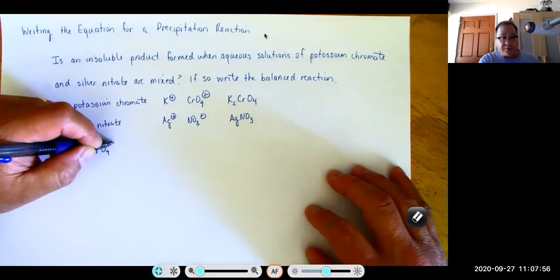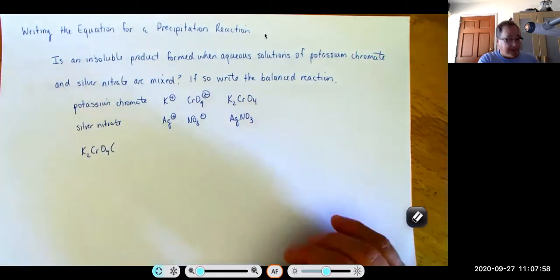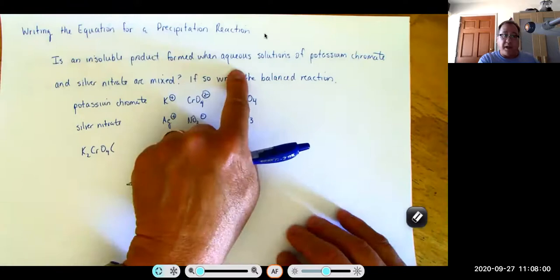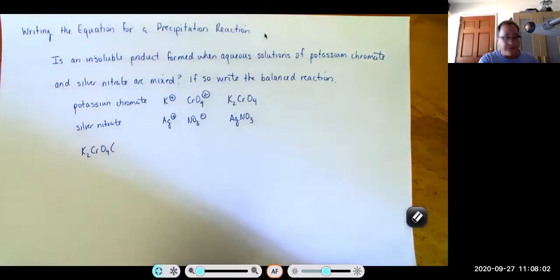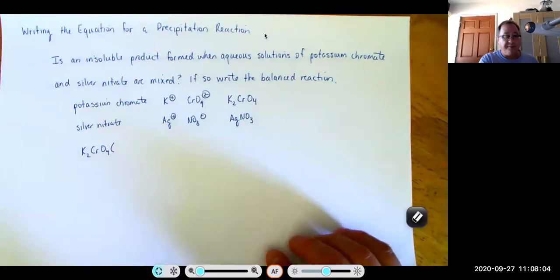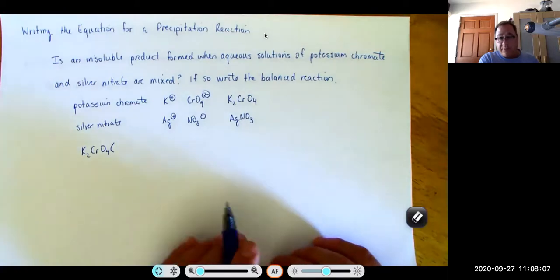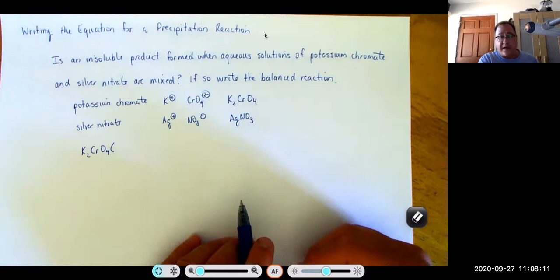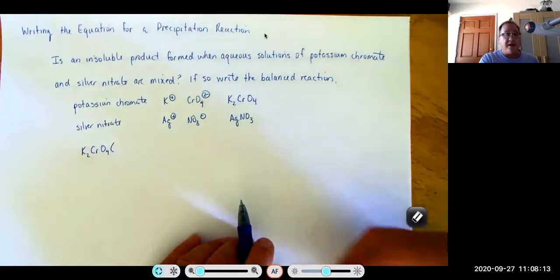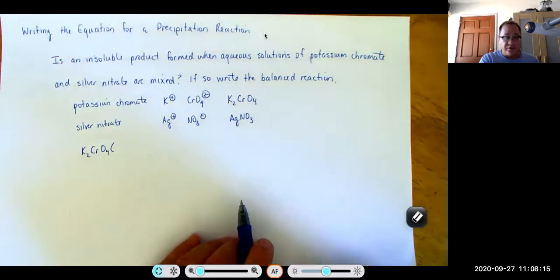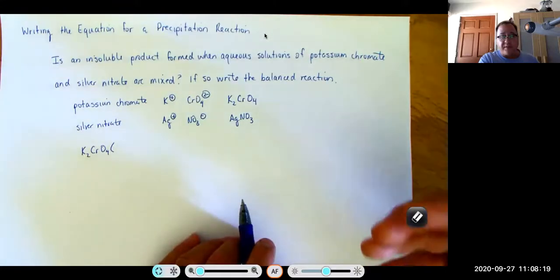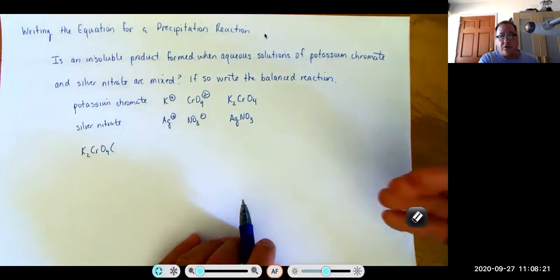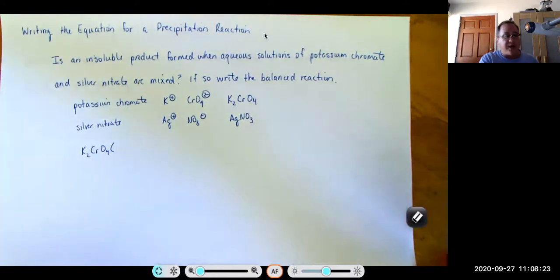Now the question is, will this be aqueous? They say it is, but let's apply what we know about solubility rules to decide whether or not this is aqueous. Well, there are certain things that are aqueous or soluble, and those are things with group 1A ions, nitrate ion, acetate ion, and so forth and so on. And you want to become very familiar with those rules, because when it comes to quiz or exam time, you don't want to have to look them up. It takes too much time.